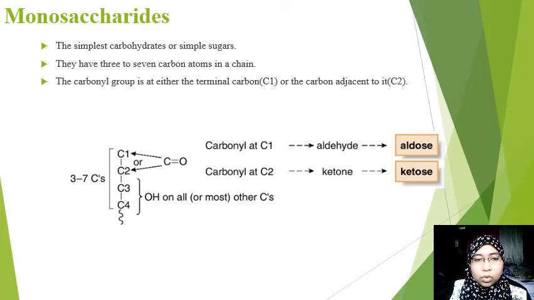The carbonyl group is at either the terminal carbon, C1, or the carbon adjacent to it, C2. If the carbonyl is at C1, we call it an aldehyde, but in carbohydrate, we call it an aldose. If the carbonyl is at C2, we call it a ketone, but in carbohydrate, we call it a ketose.